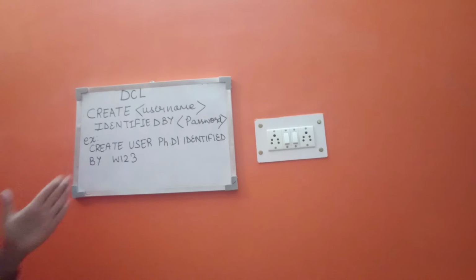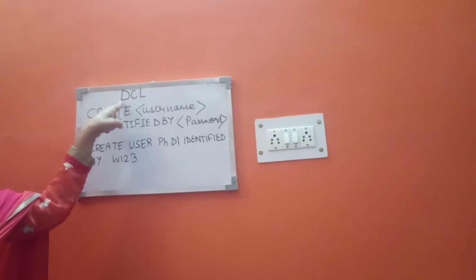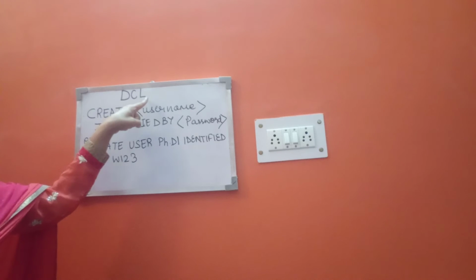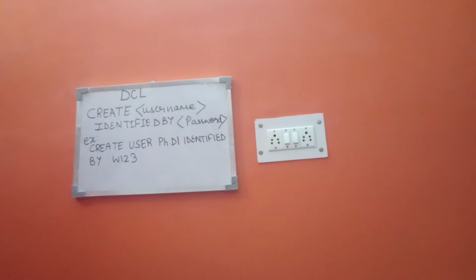So it is the task of the database administrator to provide the username and passwords to various users. In order to access the database, a person must have a valid username and password. Now this comes under DCL. The database administrator, using the data control language statements, provides the username and the password to various users.